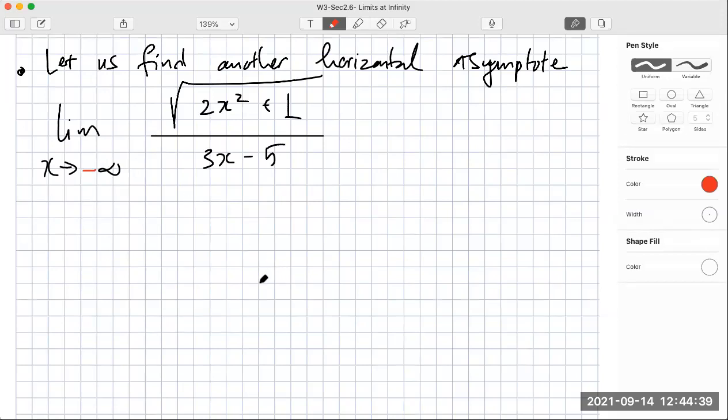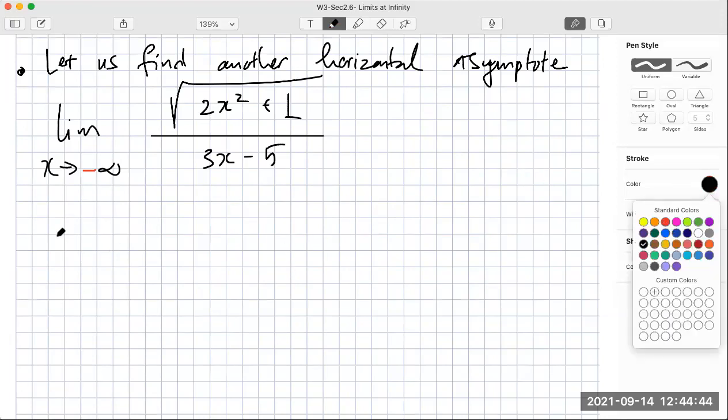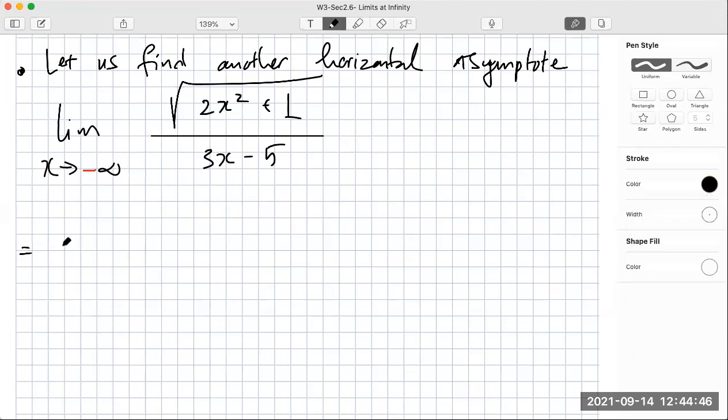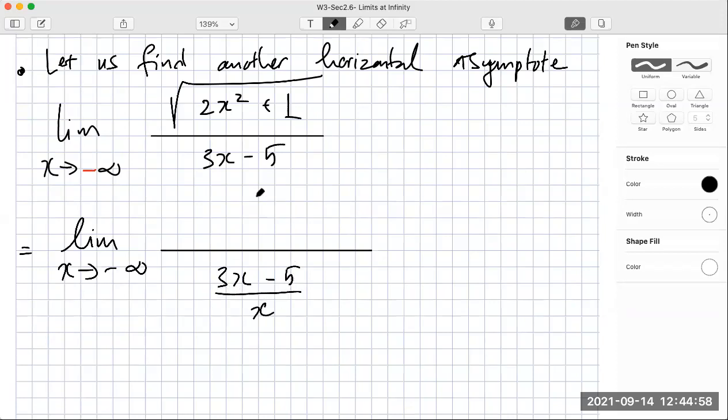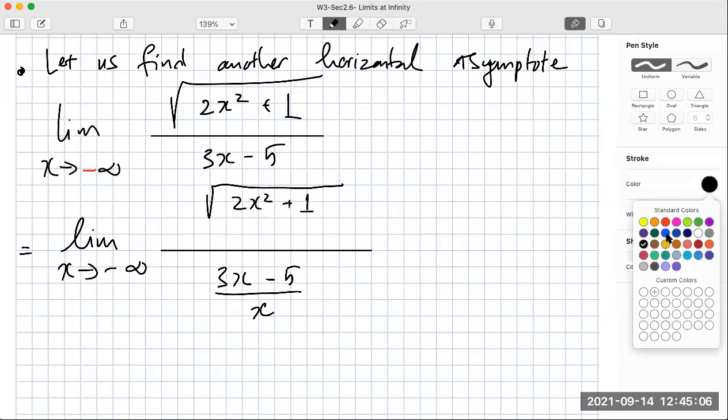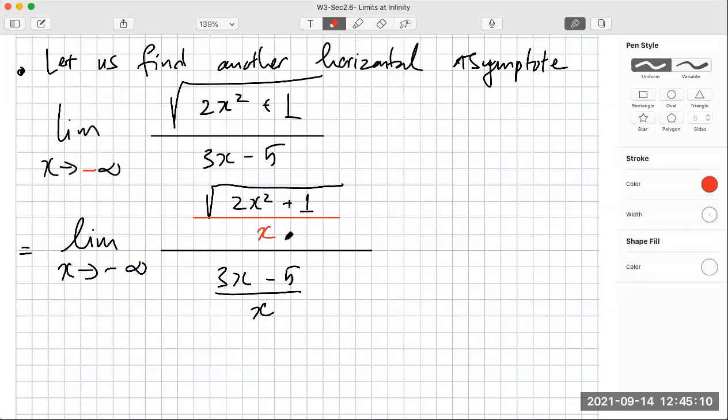And the same trick here, we will divide both numerator and denominator by the same thing, x. And the square root of 2x squared plus 1 here is also divided by x. Very good. This is what we're doing.